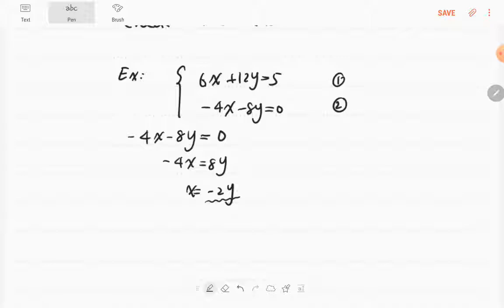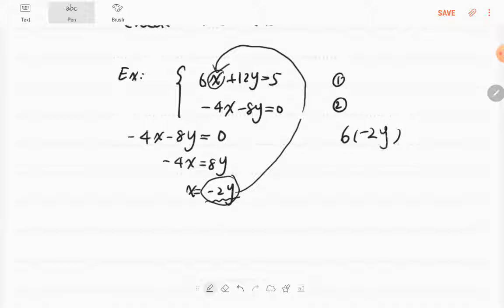We're going to use equation 1. So this time we use this negative 2y to replace x in the first equation. Then we will write the first equation again, substituting x. We use negative 2y to replace x.